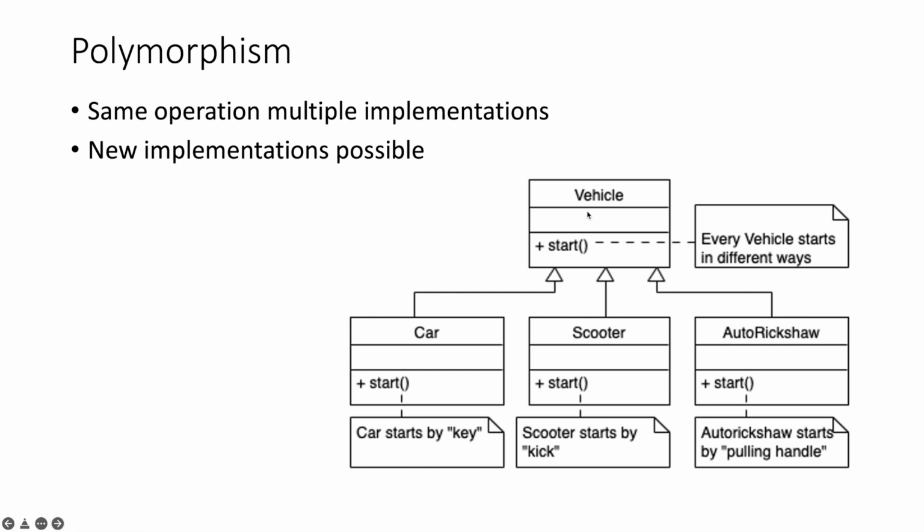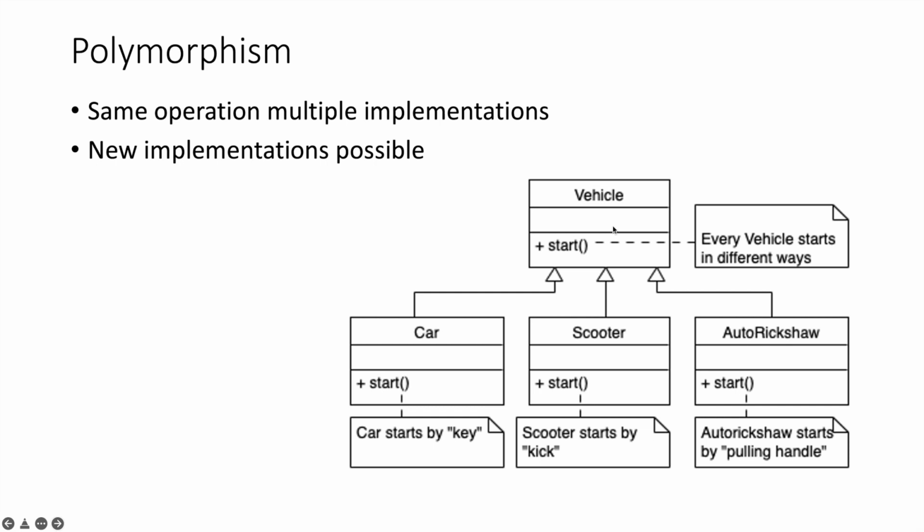Maybe you will be able to use a reference of a vehicle to address them. You may say this is my new vehicle, or these three are my vehicles. One is car, one is scooter, one is auto rickshaw. But this is car, this is scooter. So you will find specific instances will always be created with something called the leaf classes.